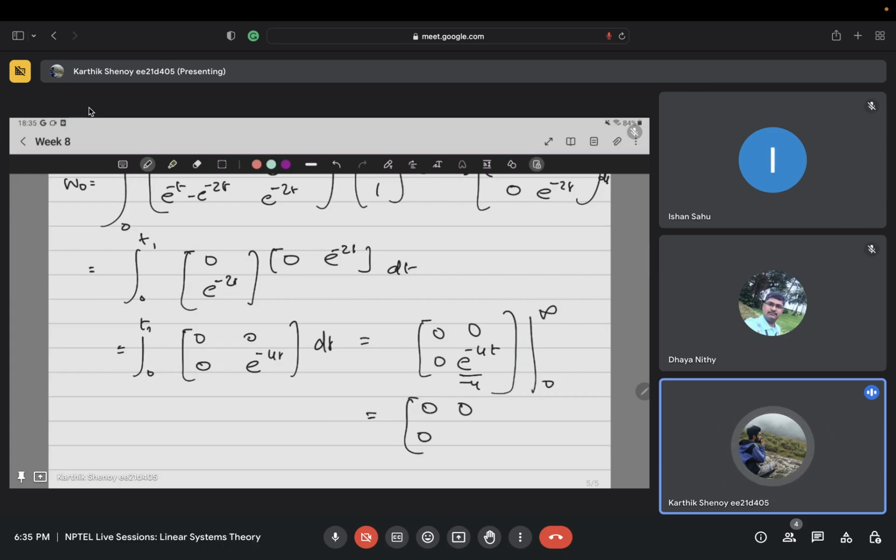So from 0 to infinity, what am I getting? So this is nowhere invertible, right? For whatever value of t, it's not invertible because there is a column of zeros, and in fact the rank of this is at most 1. Okay, so you will get 1 by 4.